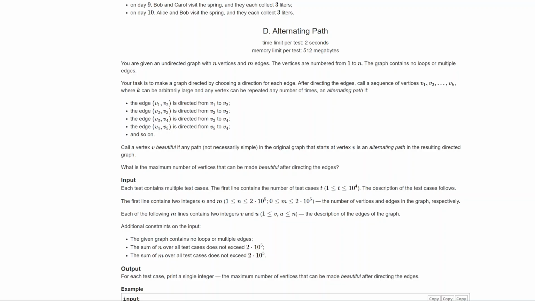I think we have to do a bipartite graph here. Kind of bipartite graph will work here.